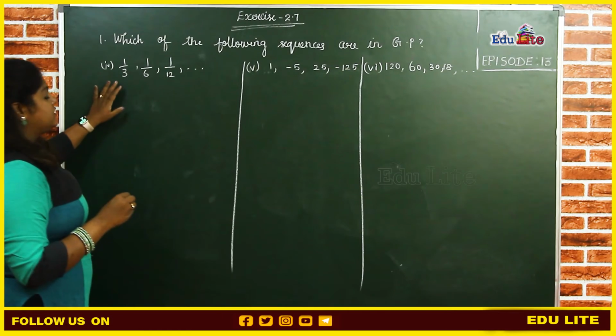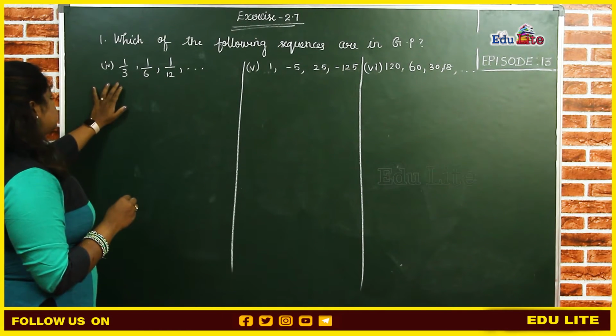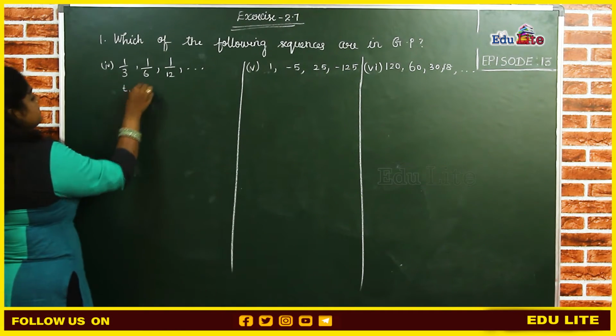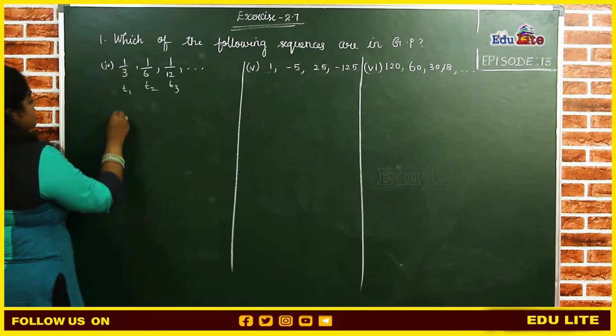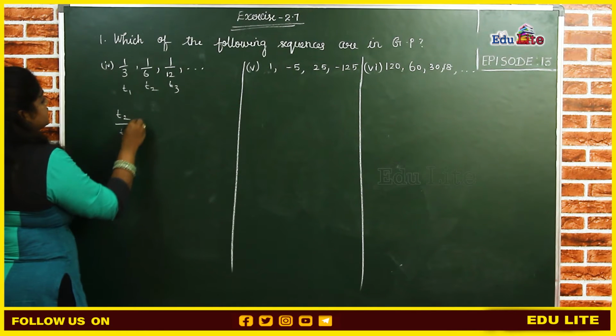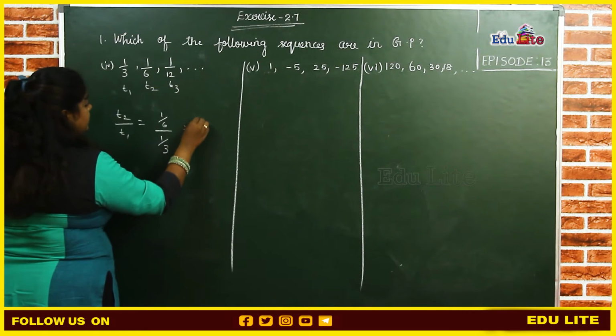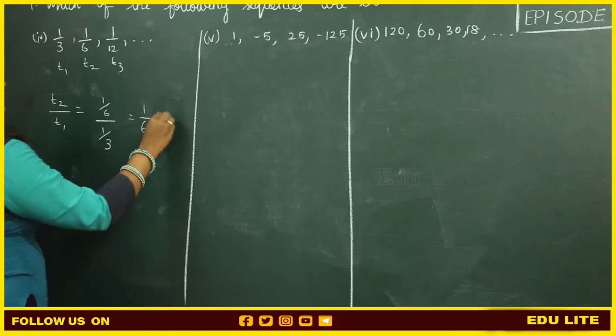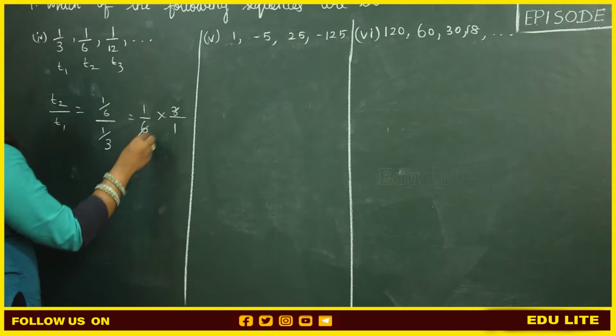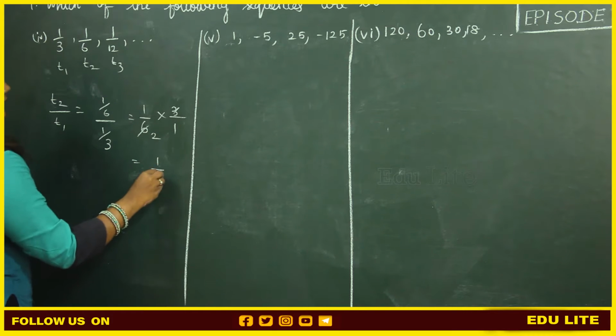In the fourth subdivision, we have to find whether it is a GP or not for this sequence. This is T1, T2, T3. So, T2 by T1 which is 1 by 6 divided by 1 by 3. Let us reciprocate, it will become 1 by 6 into 3 by 1. Therefore, it will become 1 by 2.